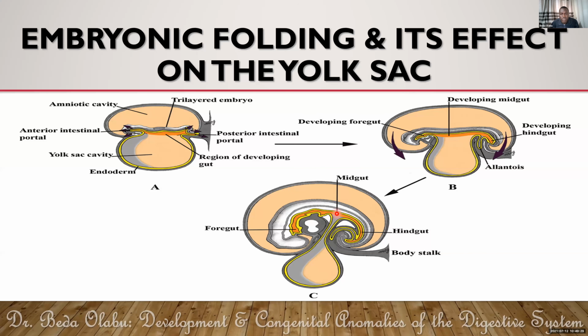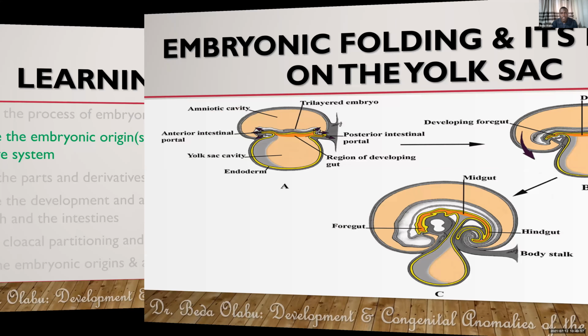The region of the primordial gut cranial to the midgut is called the foregut. So that's the one towards where the future mouth would be. And the region of the primordial gut caudal to the midgut is called the hindgut. That's the part towards where the future rectum and anal canal will be. So the primordial gut has three segments: foregut, midgut, and hindgut.